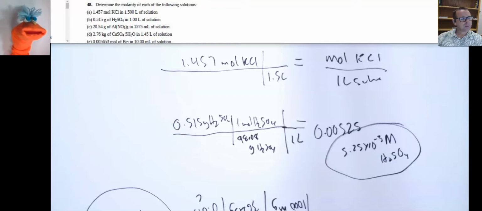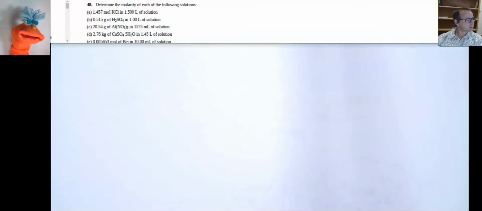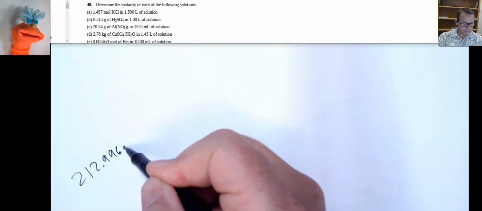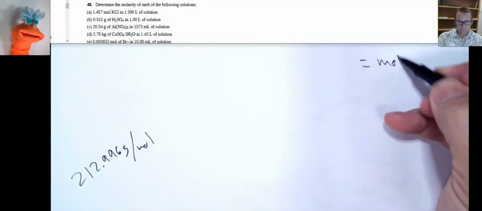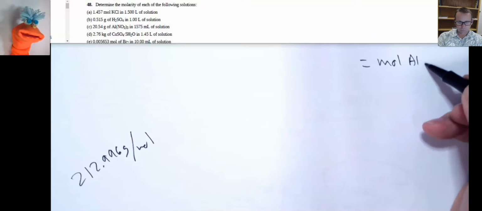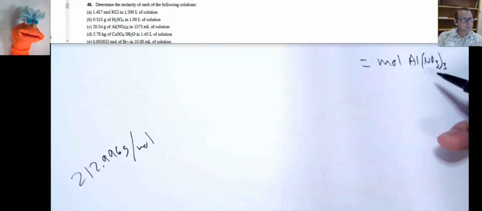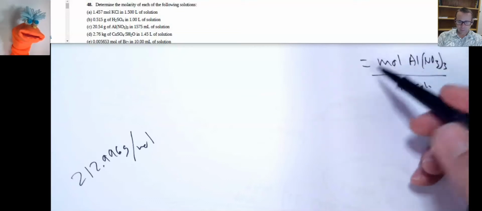All right, what's next? Aluminum nitrate. We have a solution of aluminum nitrate. Molar mass of aluminum nitrate. According to Wikipedia, aluminium nitrate is a white, water-soluble salt of aluminium and nitric acid, most commonly existing as the crystalline hydrate. So aluminum nitrate for every liter of solution. Right, that's what molarity is.